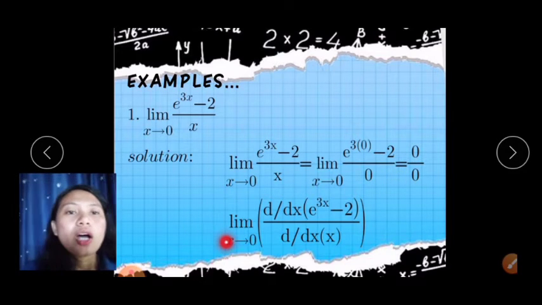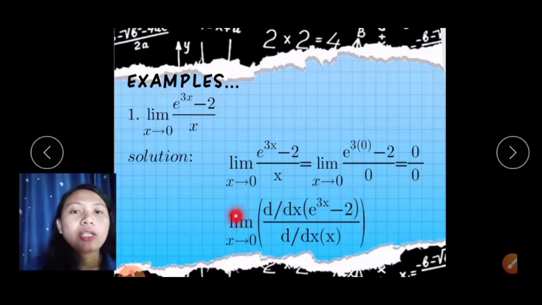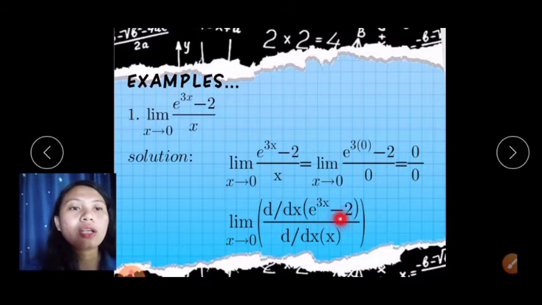So by using L'Hopital's rule, we have limit as x approaches 0 of d over dx of e to the 3x minus 2 over d over dx of x. Using L'Hopital's rule, we take the derivative of the numerator and denominator separately.